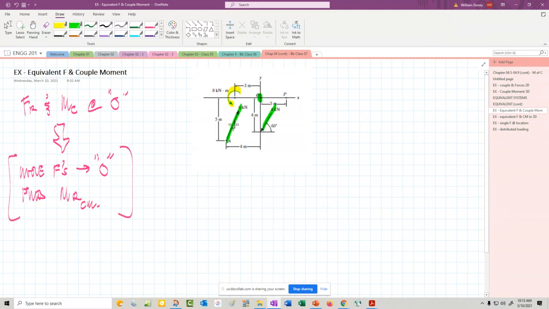By finding an equivalent force and couple moment, I'm trying to move all the forces to O, which means I want to know the resultant force. And then I have to find the resultant couple moment at that point also. All right, let's start off. Let's deal with the force. We're really finding the resultant, so I want to sum forces in the x direction, positive to the right.